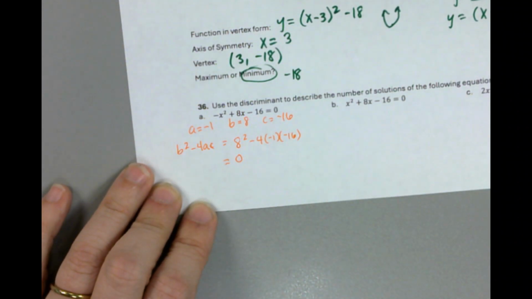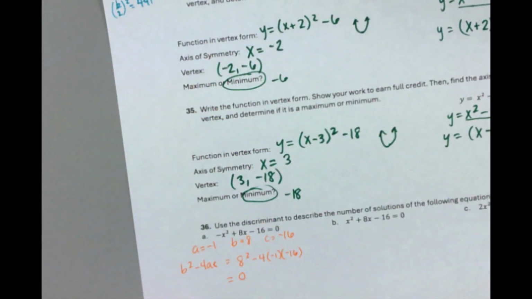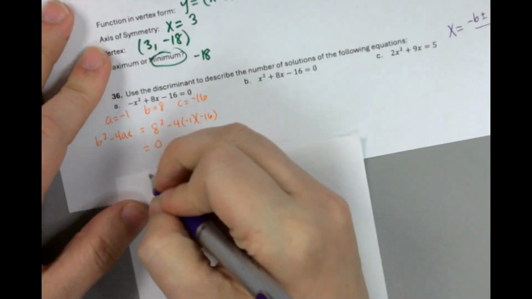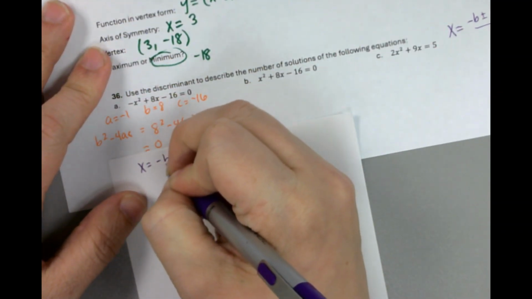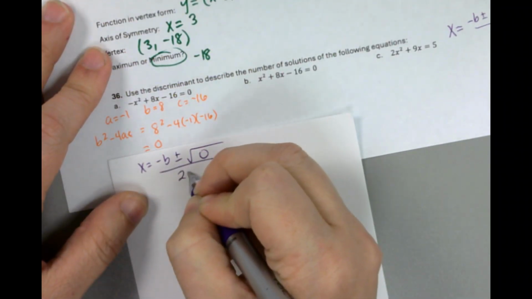What that actually looks like is when you go to do the quadratic formula, you have x is equal to negative b plus or minus the square root of 0 all over 2a.